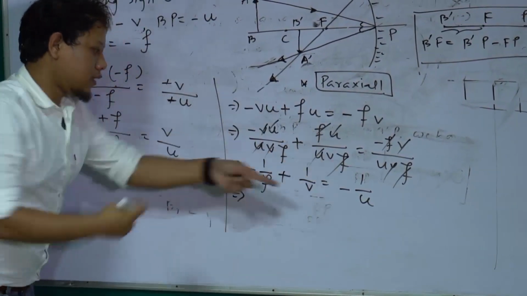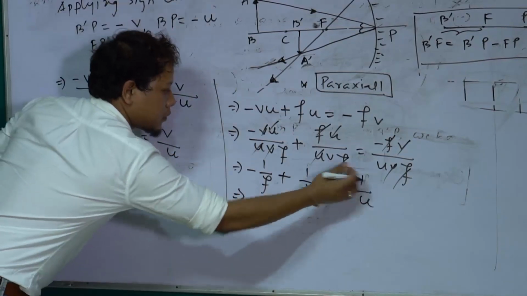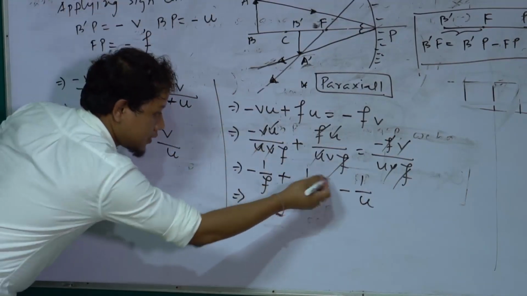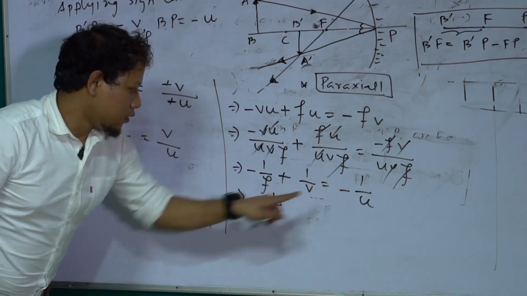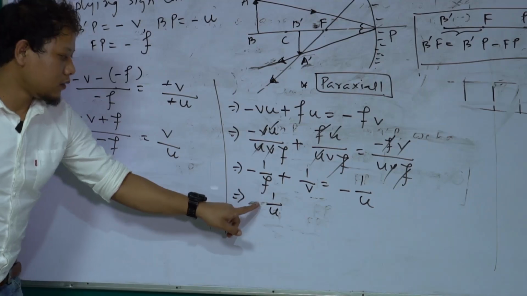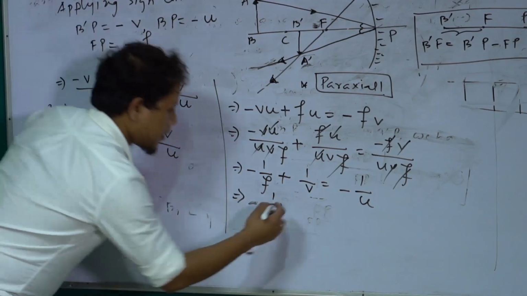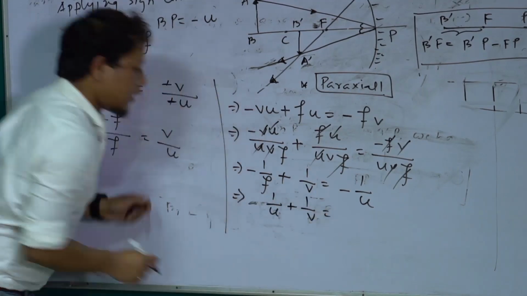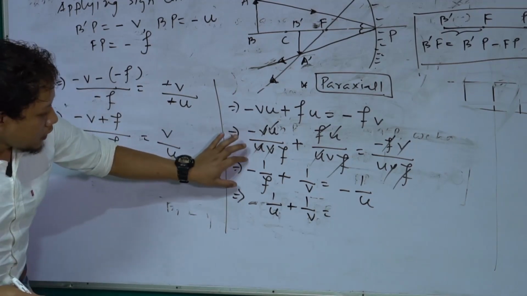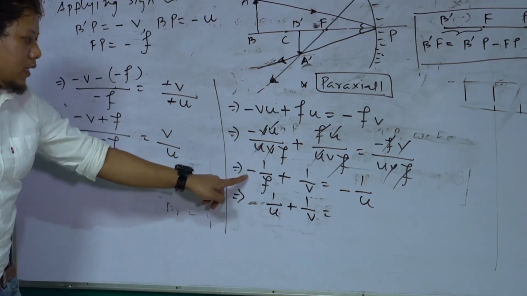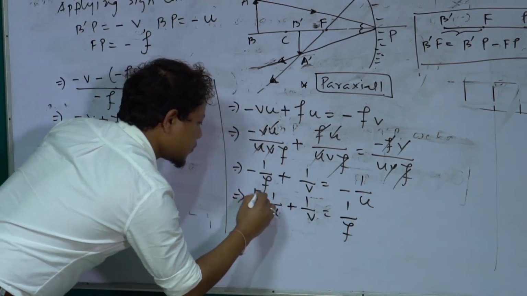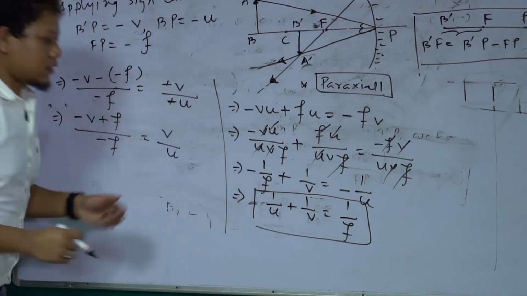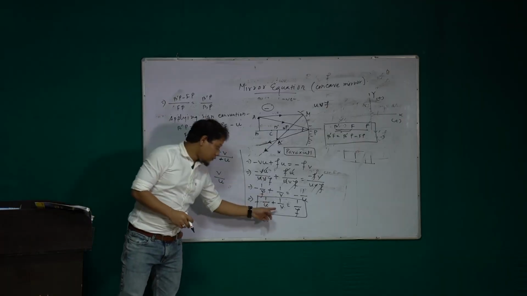If I shift this term to this side, minus will become plus. So I can write 1 by U. If we don't write anything, that term is positive. So this is 1 by V. And I'll transfer this minus 1 by F to the other side. This is a minus term, so it will become plus, 1 by F. And this relationship, as you can see, is 1 by U plus 1 by V equal to 1 by F.